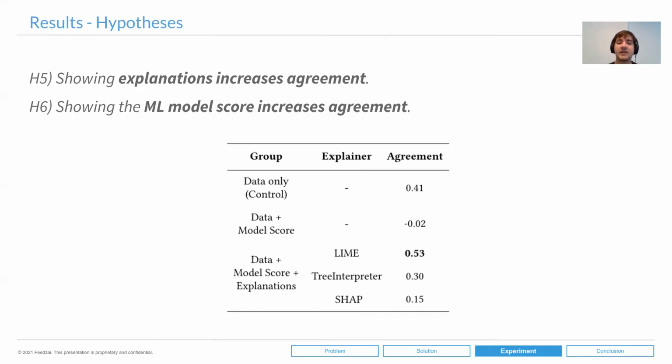So what we basically saw was that with control, the analysts had an agreement of 0.41. The agreement dropped dramatically when we added the model score, and then it came back to the original values when we added the explanations. We saw that the method that obtained better agreement was LIME.